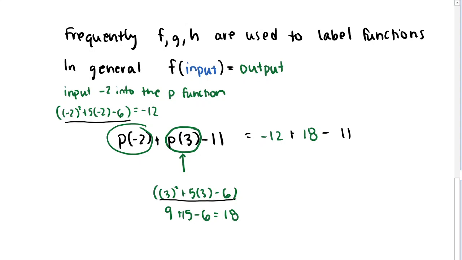So negative 12 plus 18 is positive 6. And then minus 11 gives us a total of negative 5 at the end of the day. So we were able to very concisely say so much in this small statement.